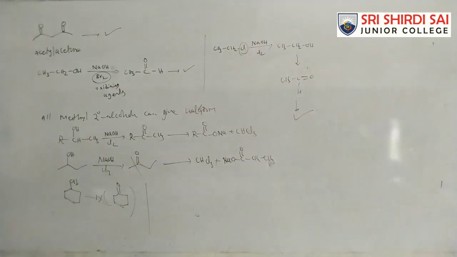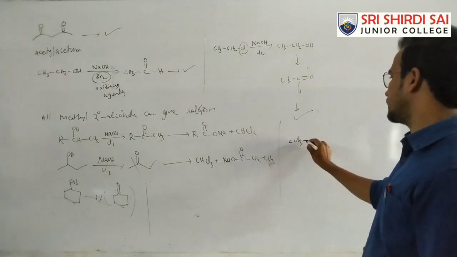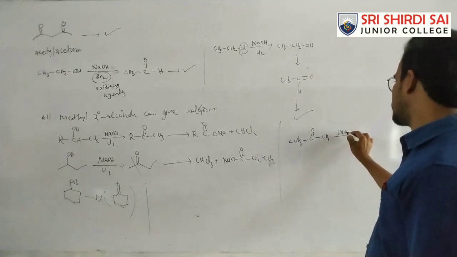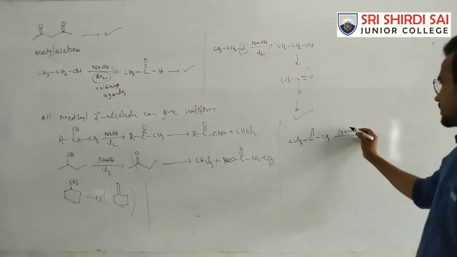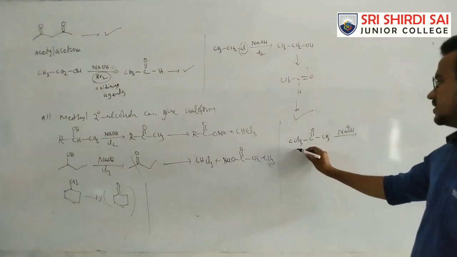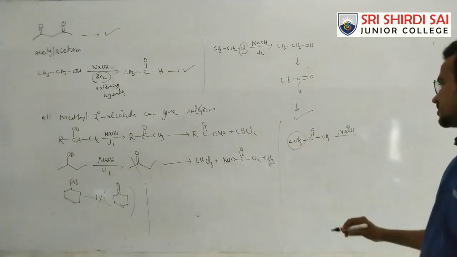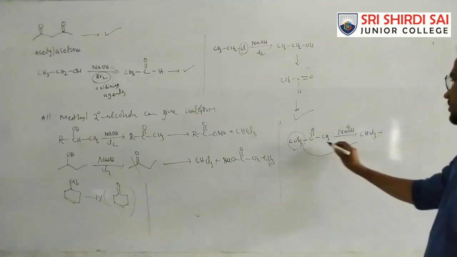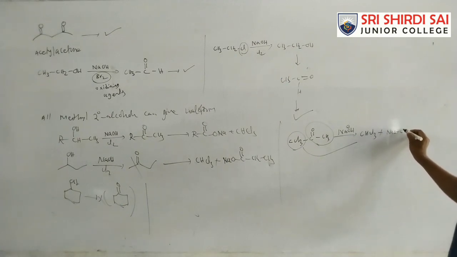Now suppose CCl3-C=O-CH3 is treated with NaOH. What is the reaction? Again here OH-, and already three hydrogens are replaced by the halogen. So this group is converted to CHCl3 and the remaining one is converted to the acid group, so NaO-C=O-CH3.